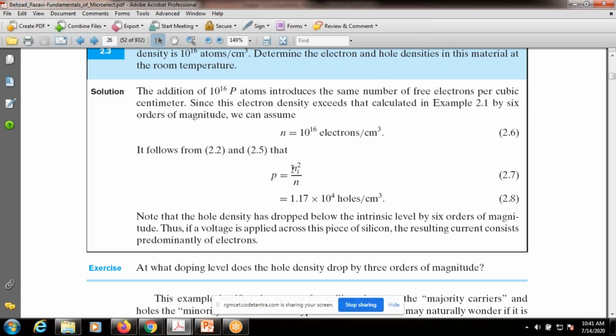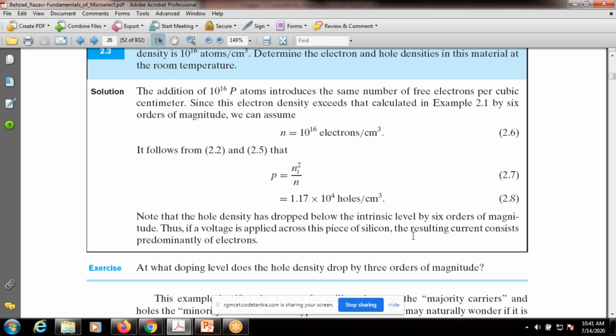Okay, the conclusion is here the electrons are 10 power 16, the holes are 10 power 4 only. So in comparison, electrons are the majority and holes are the minority charge carriers. The majority charge carriers in this extrinsic n-type are electrons, and the minority charge carriers are holes.